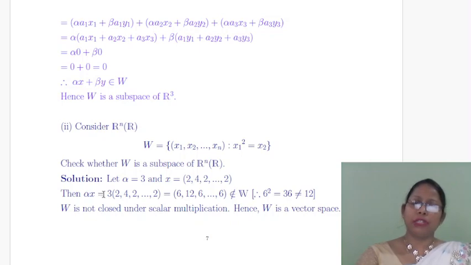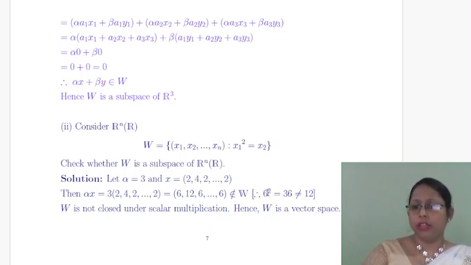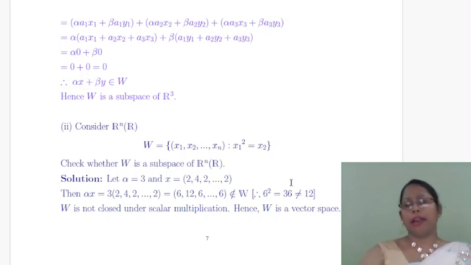Then we check the scalar multiplication alpha x, that is 3 times the tuple whose elements are all 2 except the second element which is 4. That is equal to the tuple whose elements are all 6 except the second element which is 12. That does not belong to W, since 6 squared is equal to 36, which does not equal 12. Therefore, W is not closed under scalar multiplication and hence W is not a vector space, and consequently W is not a subspace of Rn over R.